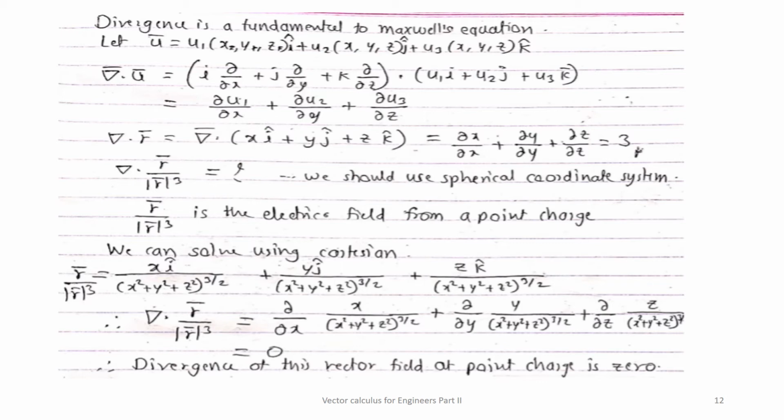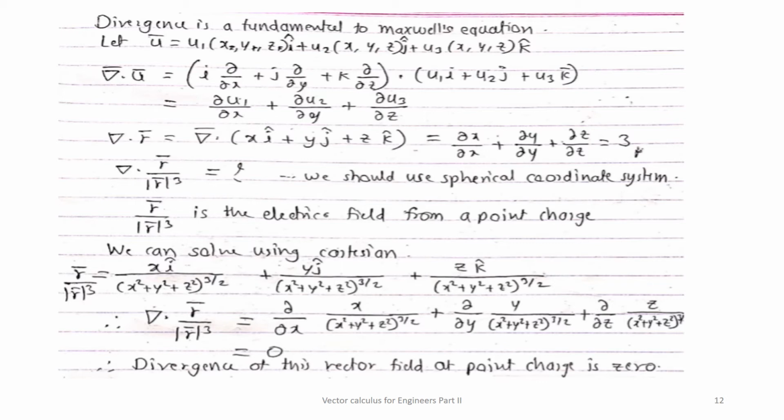Now find the divergence of U. As you know, divergence means the del operator. The del operator is defined as i del by del x, j del by del y plus k del by del z. And U bar is written as U1 i bar, U2 j bar and U3 k bar.